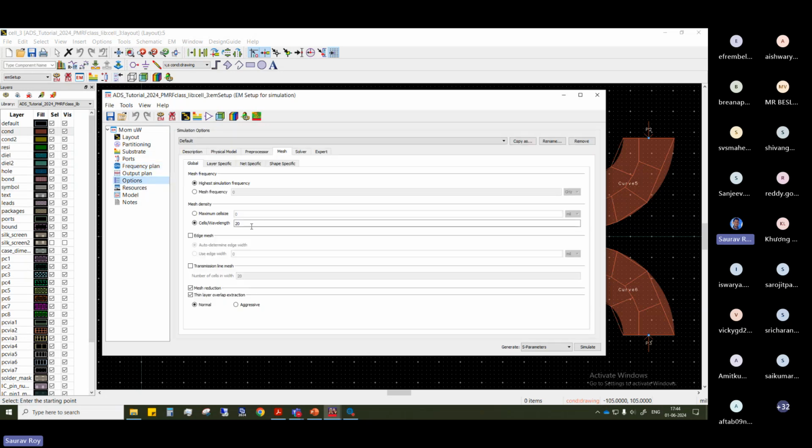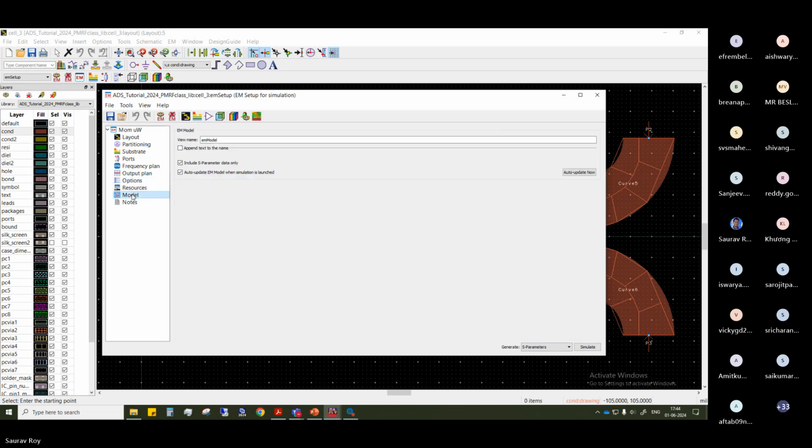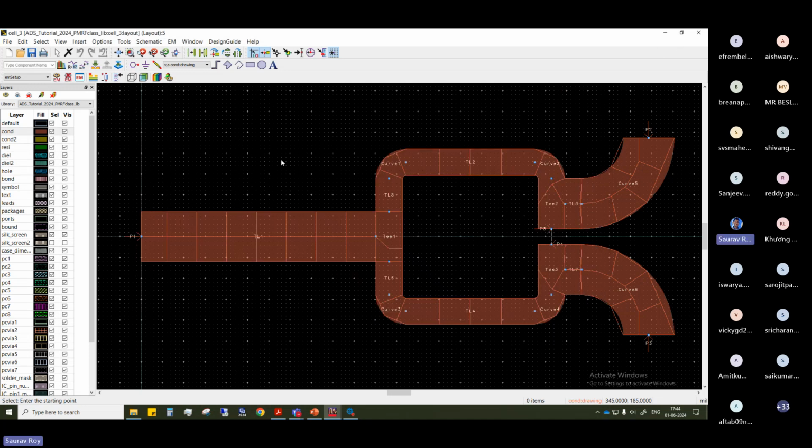In the options, you can take cells per wavelength 20 and other things. Generally, you don't have to change much. Automatic things are fine. Then you can simulate it. That is what we did last week only. So far, do you have any doubt, till the layout?